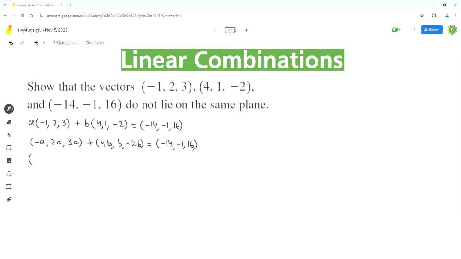So their x components are -a and 4b. Their y components are 2a and b. And their z components are 3a and -2b.